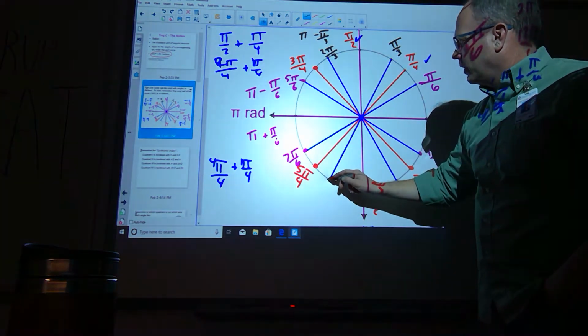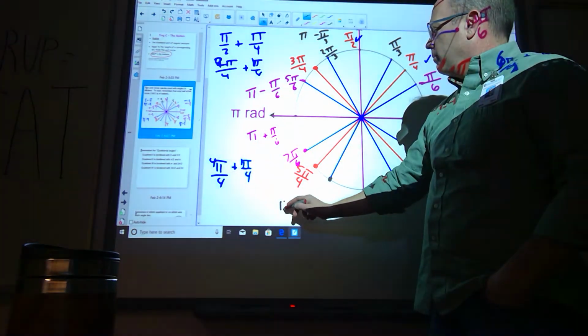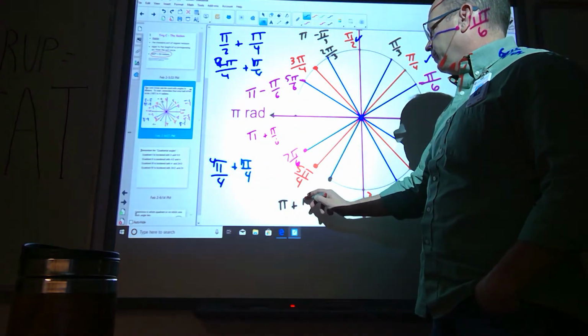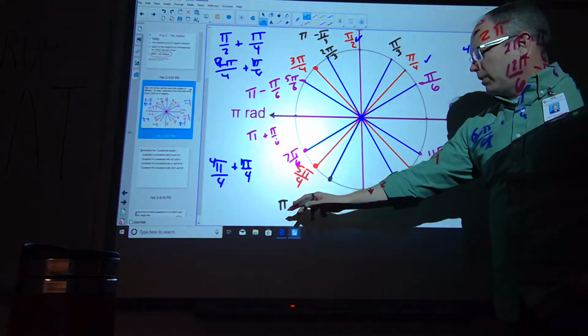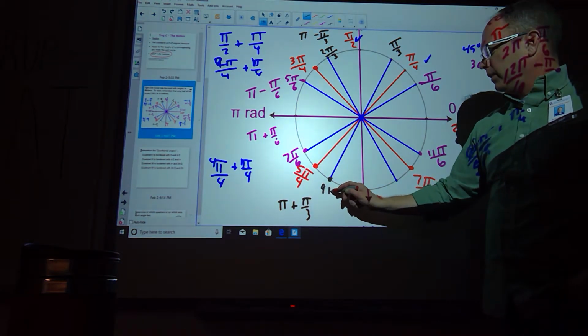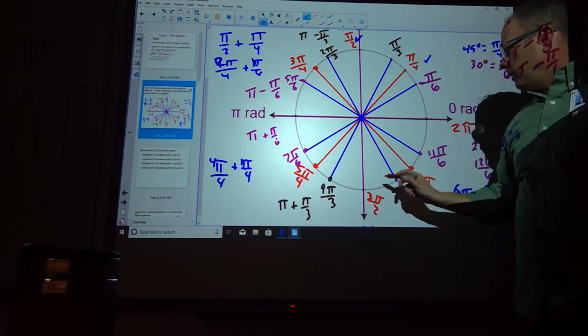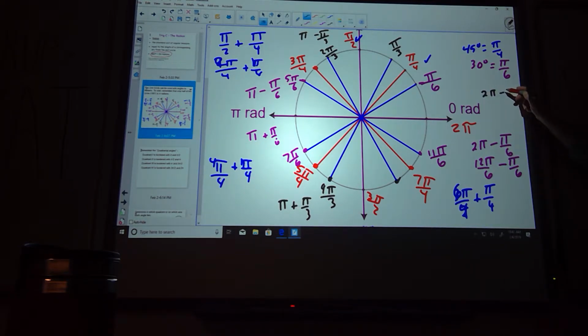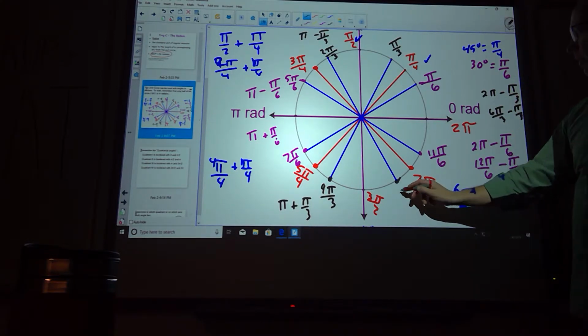This is another 60-degree angle, so I'm going to go pi plus pi over 3. So that's 3 over 3, so that's 4 pi over 3. And then that one, I'm backing that off, so I'm going to go 2 pi minus pi over 3. So that's 6 pi over 3 minus pi over 3. So that's going to give me 5 pi over 3 right there.